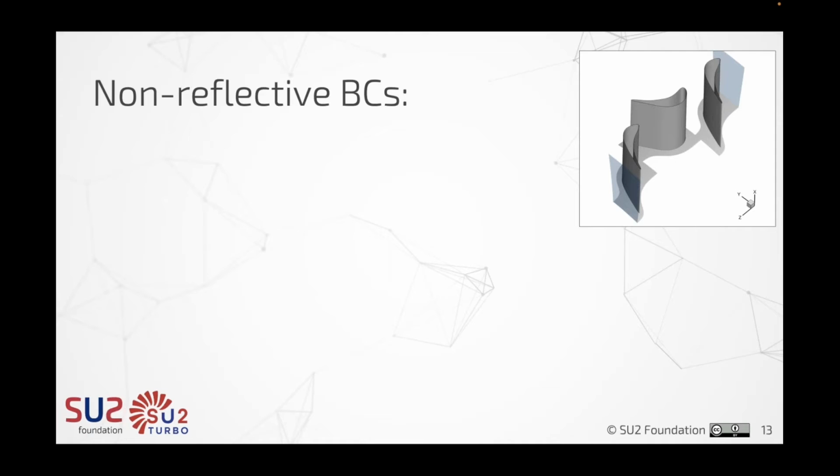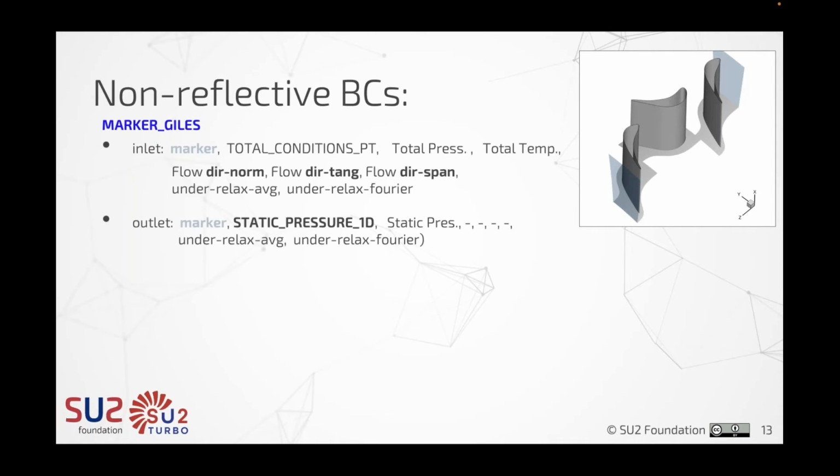We do this via the marker Giles, which is named after the guy who pioneered this concept. And we will have one section for the inlet and one for the outlet.